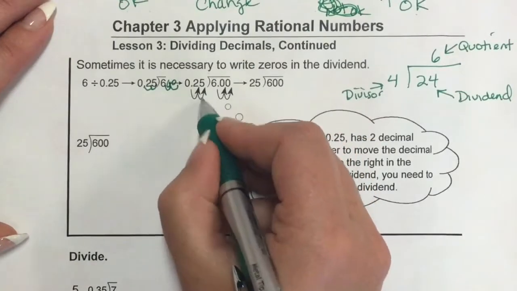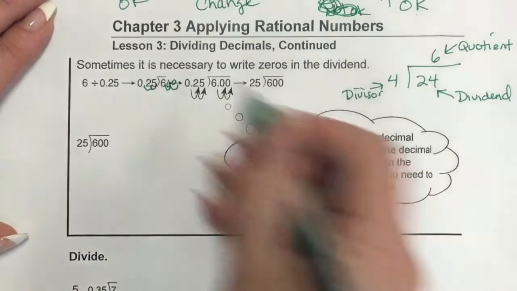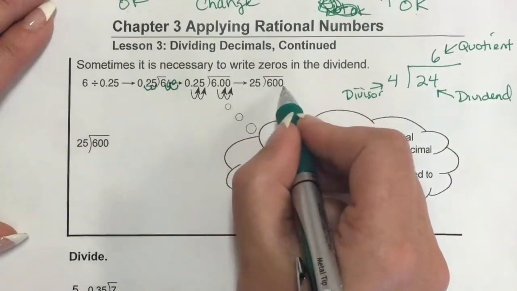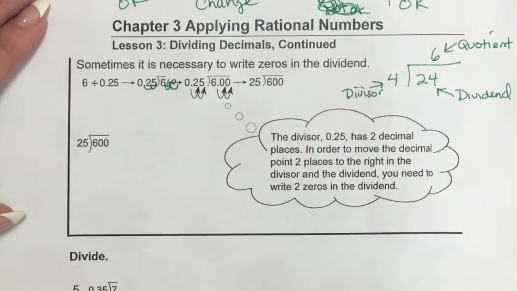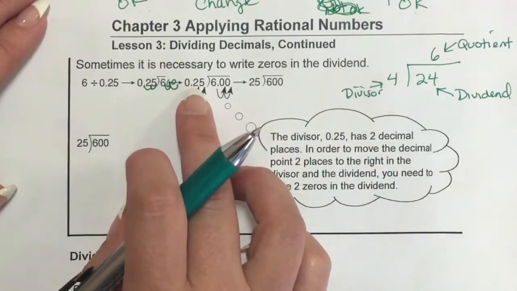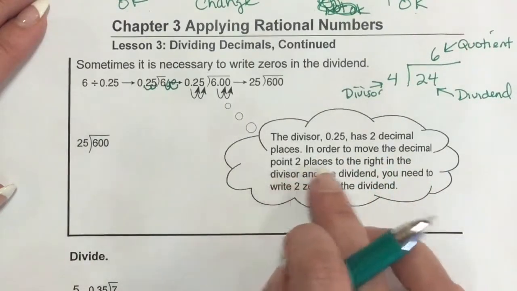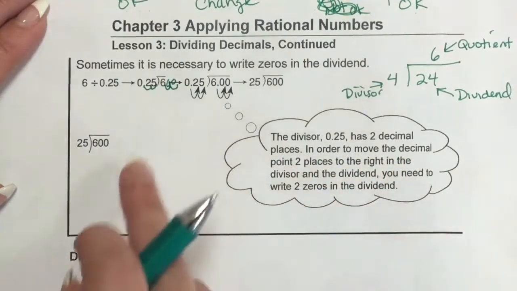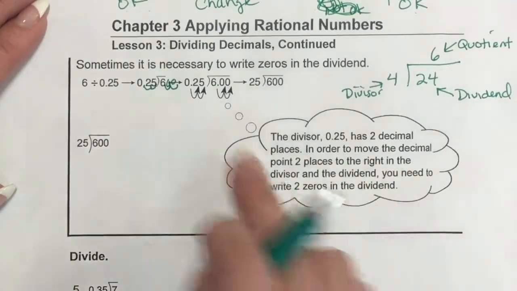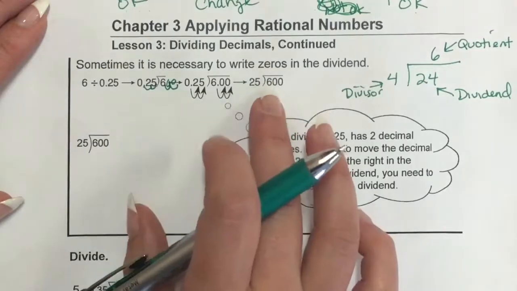So we moved it over 2 places, and then just put zeros in there. So then it became 600 divided by 25, okay? So the divisor 0.25 has 2 decimal places. In order to move the decimal point 2 places to the right in the divisor and the dividend, you need to write 2 zeros in the dividend like we did.